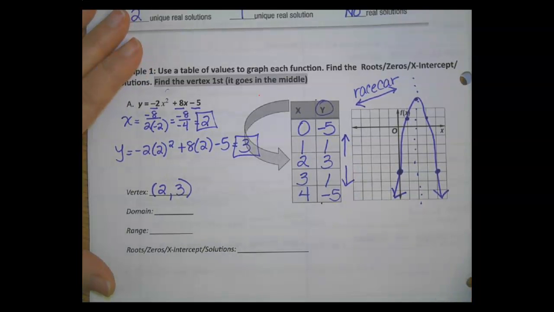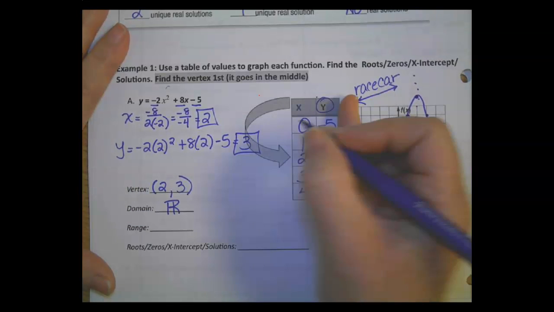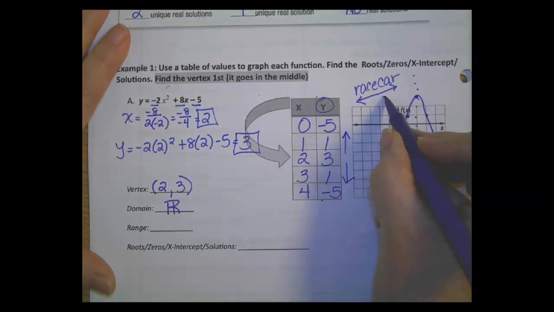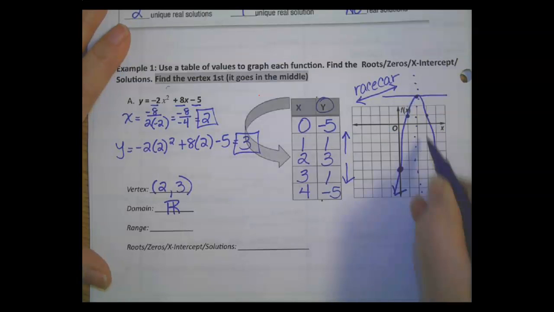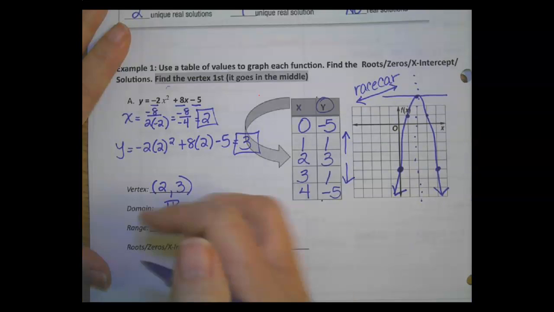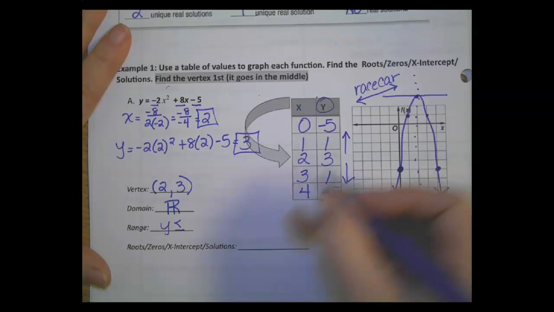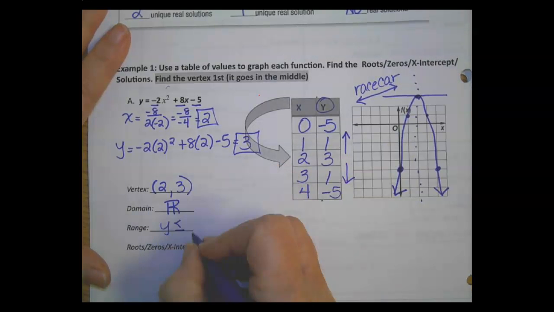My domain is always all real numbers because it's all the numbers on my x. But for the y, it doesn't go any higher here. Since this is the maximum, all of these values are lower. So that would be y is less than or equal to the value here of my y, which is 3.